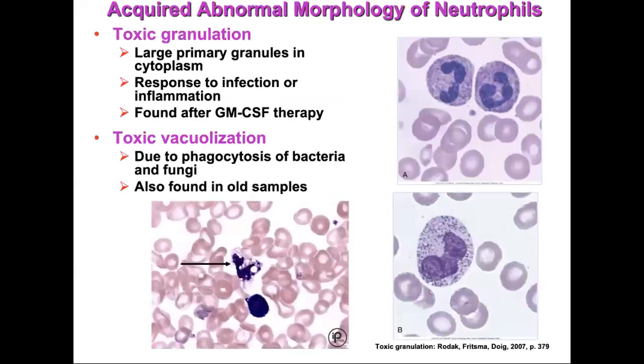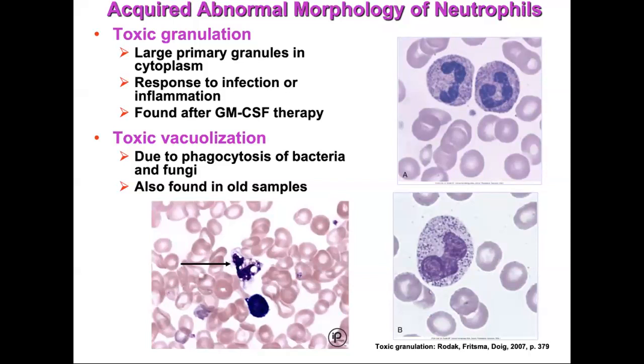So with neutrophilia and a shift to the left, you would see other characteristics in the cells than just looking at the increased number, right? So you would see things like toxic granulation, toxic vacuolization, or dough bodies. Toxic granulation are these very large granules that you see in the cytoplasm, and that's usually a response to an infection, or sometimes it's after therapy.